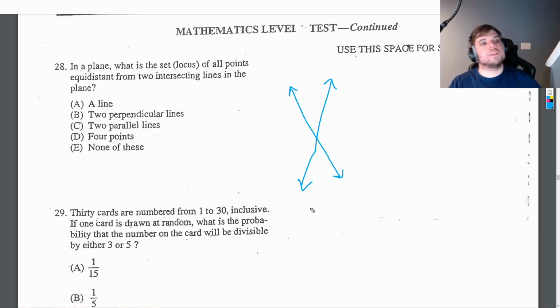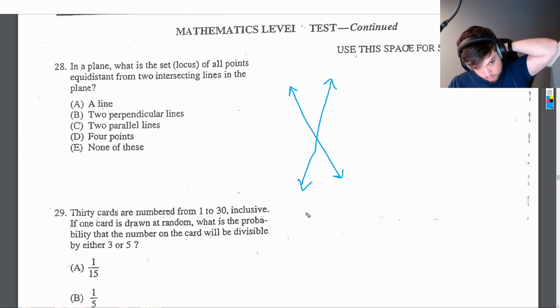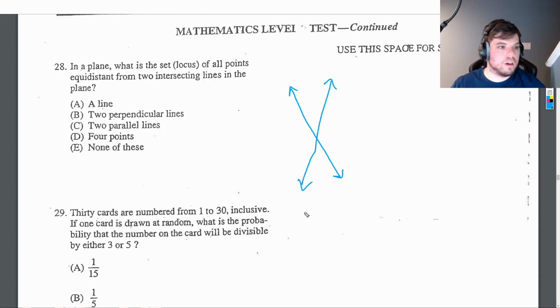So two intersecting lines. What is the locus of all points that are equidistant from those two lines? Our answer options are just a line, two perpendicular lines, two parallel lines, 4 points, or none of those.